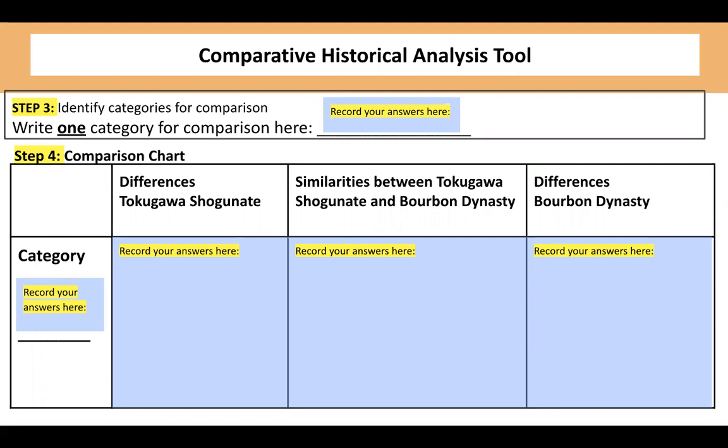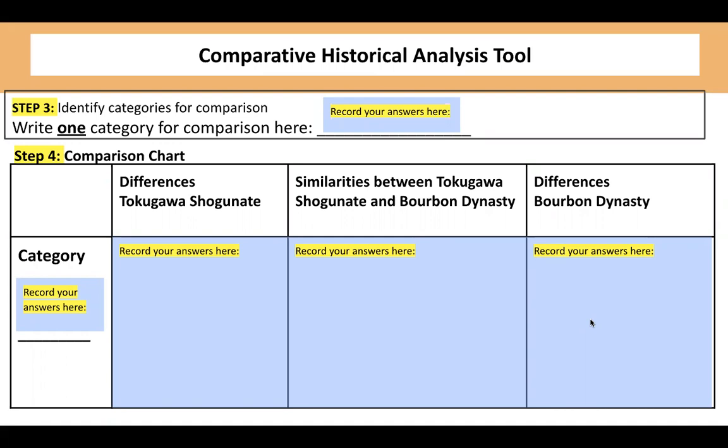In step 4, they're going to take their category and then they're going to list, well, in this regard, the Tokugawa shogunate was very different. In this regard, the Tokugawa shogunate and the Bourbon dynasty were similar. And then they could list the differences in this one category that the Bourbon dynasty had.